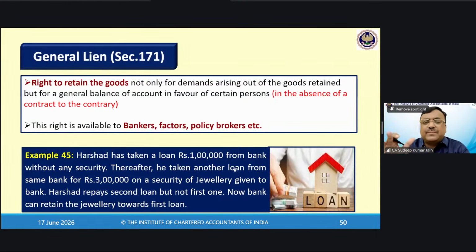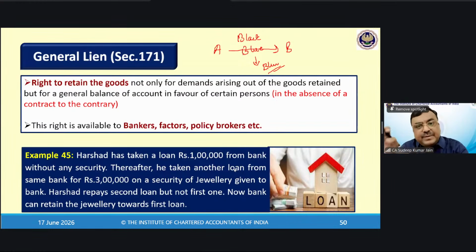For understanding purposes, I am giving you an example. Suppose A has given B, a tailor, two pieces of cloth, black and blue. A has made the payment for blue.